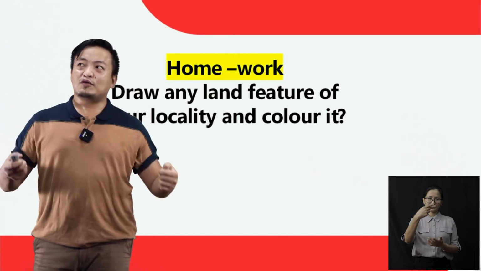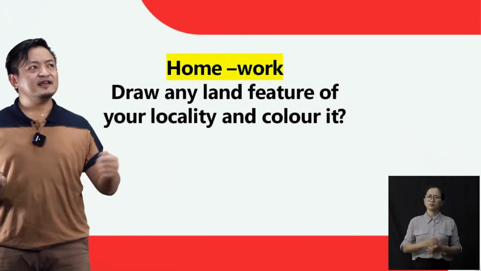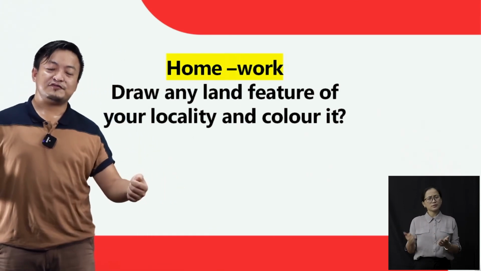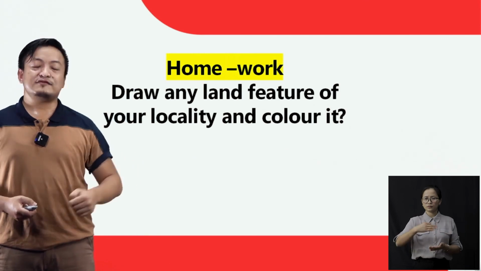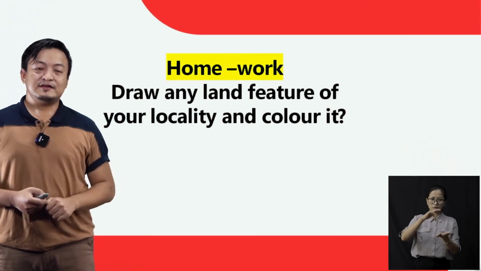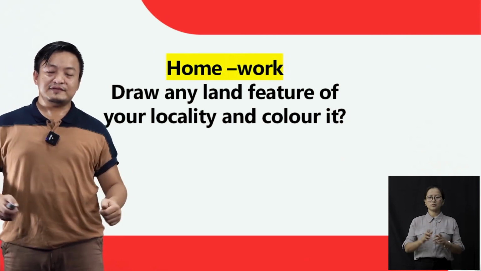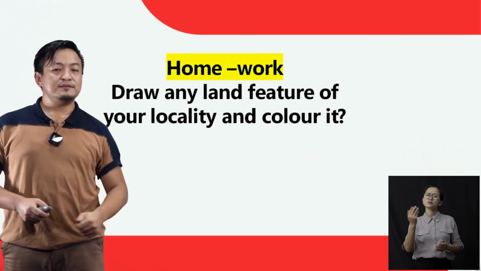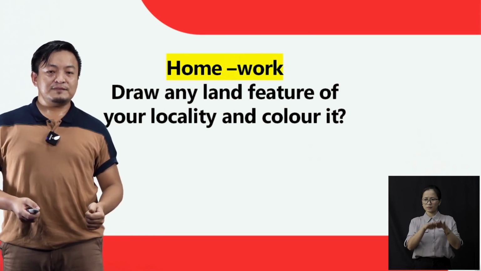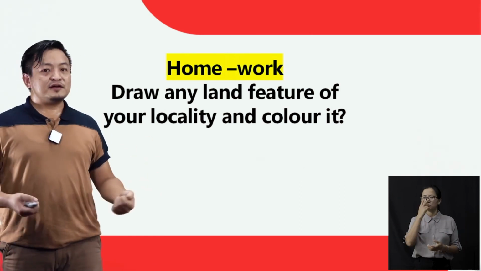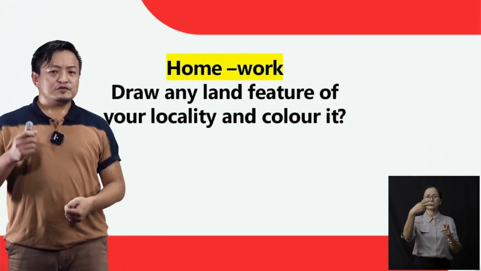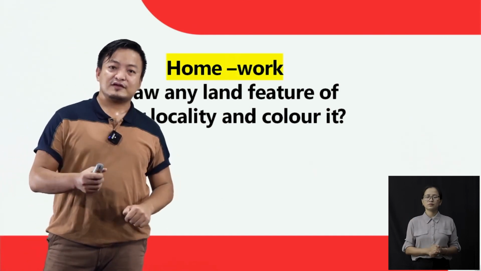So just go out and see any land features, any natural features that you see around your locality. Because we all live in different land types, some in hilly, some in plains, right? So just look around it and draw, and you color it with your favorite color.